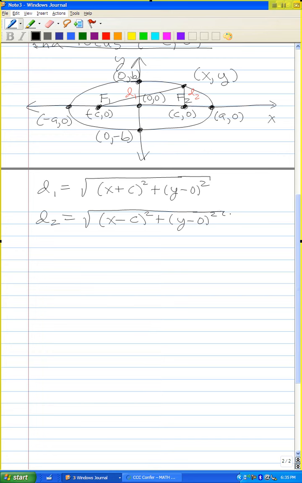Okay, good. Now the sum of these two must be the same for any point. As a matter of fact, let's do this point.